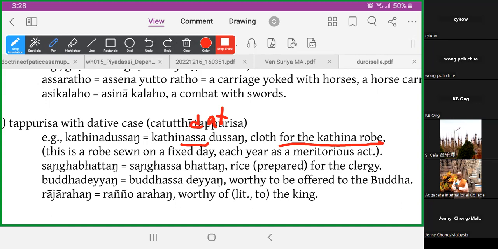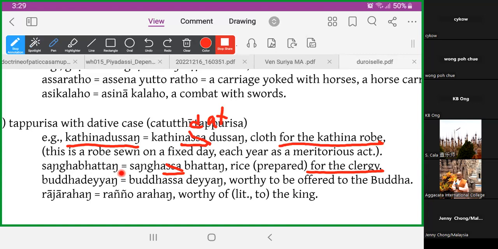So when you combine it, you drop the dative case, you drop the ssa, so it becomes Kathina dussam. All right, so you drop the dative case of the first member. So the second one is Sanghassa, for the Sangha. So same also, when you combine it, you drop the ssa, drop the dative case, and it becomes Sangha bhattam. Bhattam is rice, right?